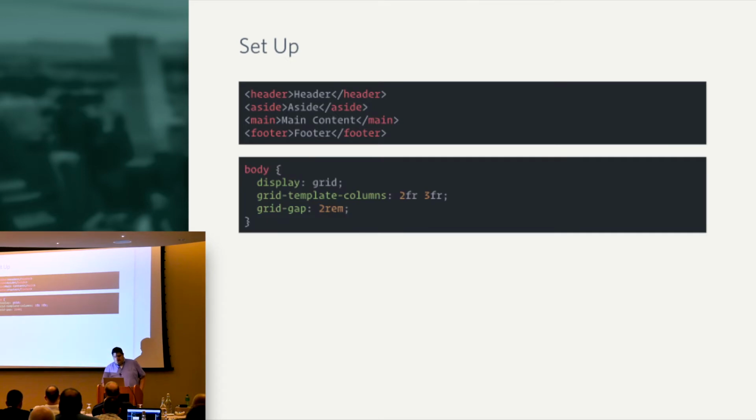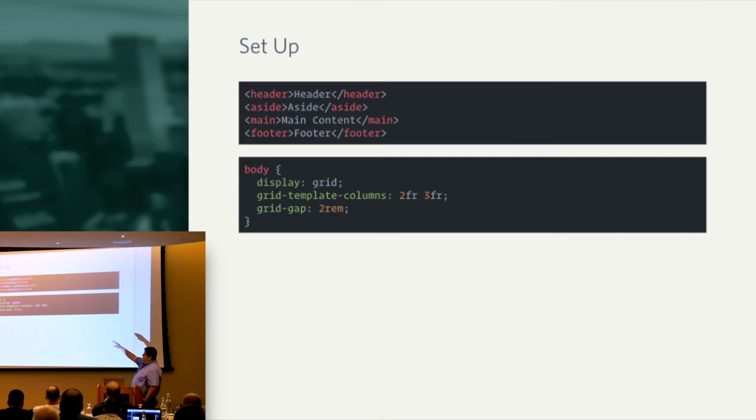Pretty easy stuff there. Then on the body, what we would do is say display: grid, and then grid-template-columns: 2fr 3fr, and grid-gap of 2rem. Just to explain really quickly what grid-template-columns does, here we're saying we want two columns.